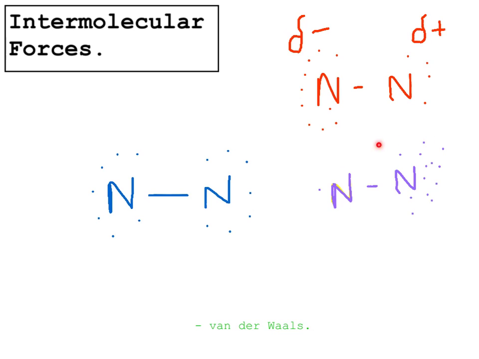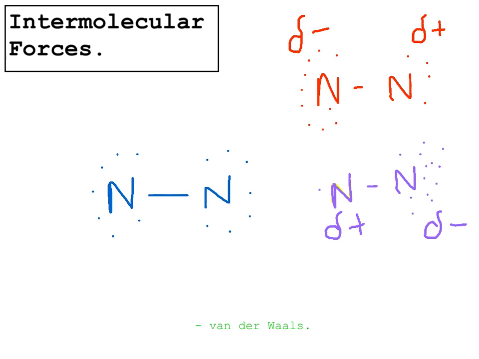For the molecule underneath, that's going to have the dipole in the other direction. So the side with more electrons, the right-hand side this time, is going to be delta negative, and the one with less electrons, the left-hand side, is going to be delta positive. Now you can see there is going to be an attraction between these two molecules because this molecule has a delta positive and delta negative end, and this molecule has a delta negative and a delta positive end.